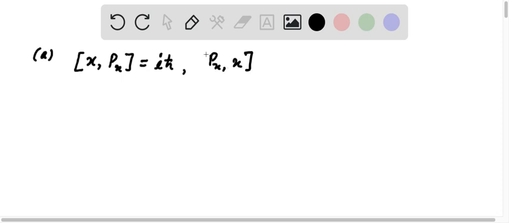In the first part, we have to show that the commutation of Lz with x is iħy, starting from the commutation relation of position and momentum, that is [x, px] = iħ, and if we take the reverse, [px, x] = -iħ.